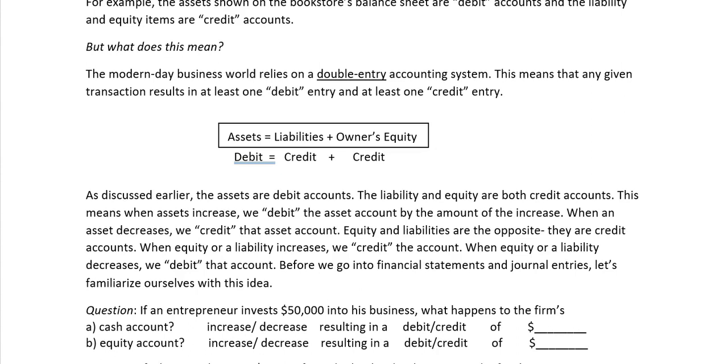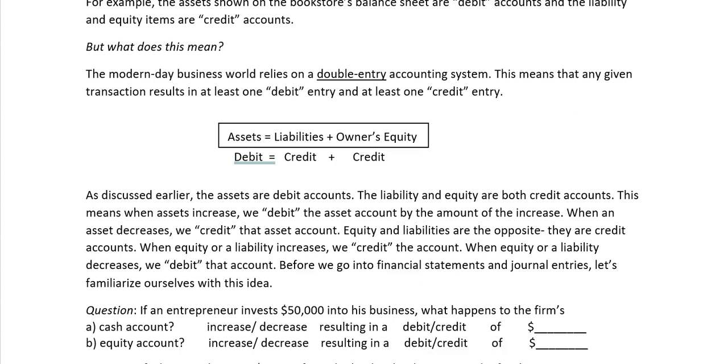The modern day business world relies on a double entry accounting system. This means that any given transaction results in at least one debit entry and at least one credit entry. So this is something that we looked at in our last chapter, where the accounting equation illustrates the debit and credit system quite well.